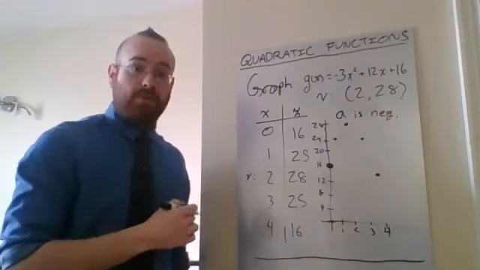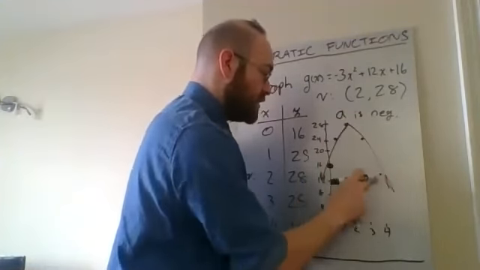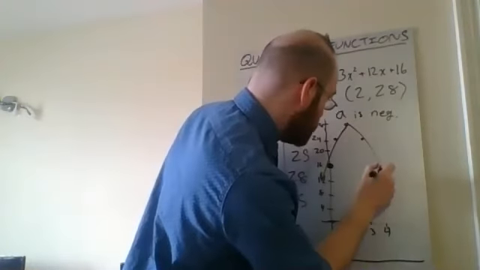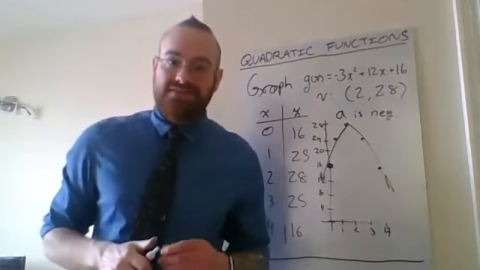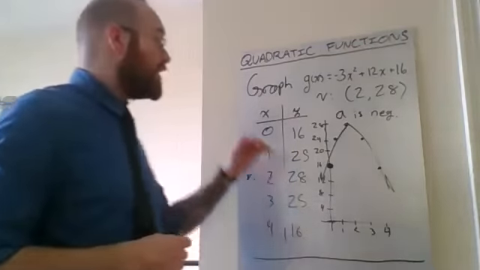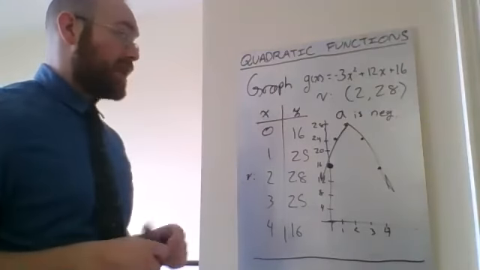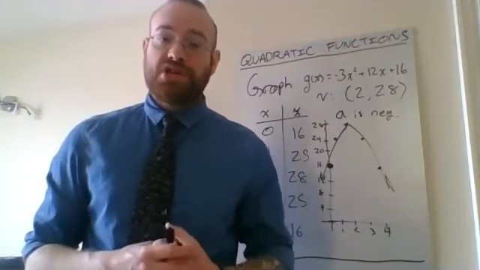And now that we have our points in place, we can complete our parabola. So as before, once we have that vertex, we can create a table that will allow us to fill in the parabola. And this is how we would graph a parabola written in general form.